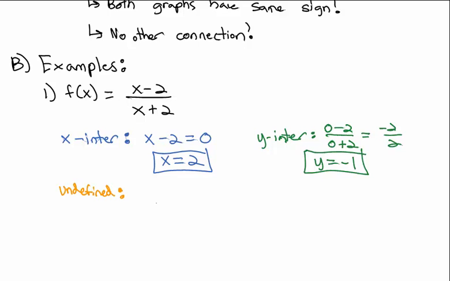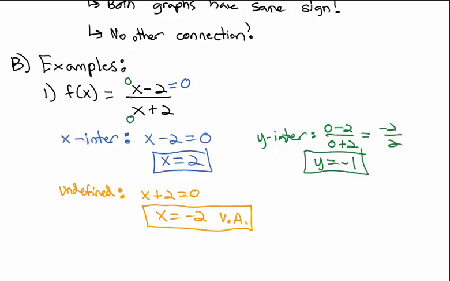So all we need to do is make the denominator equal to 0, subtract 2 from both sides, and x equals negative 2 is going to be a vertical asymptote. To review what we've done so far, we made the numerator equal to 0 to find the x-intercepts. We plugged 0 in for the x's to find the y-intercept. And we made the denominator equal to 0 to find the undefined points.